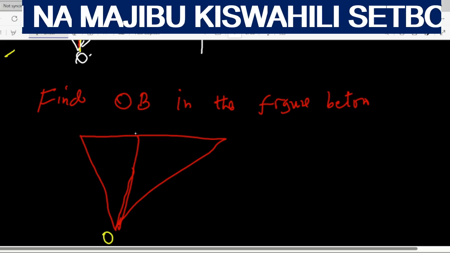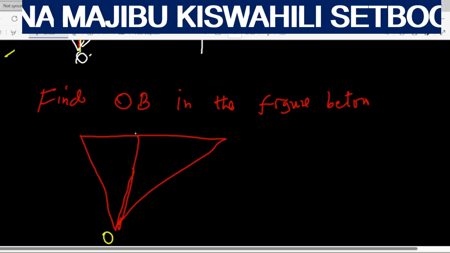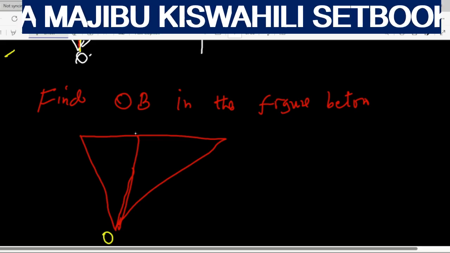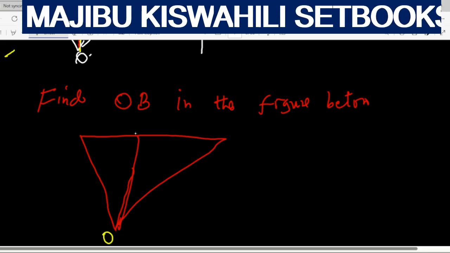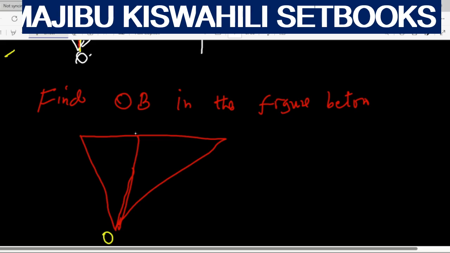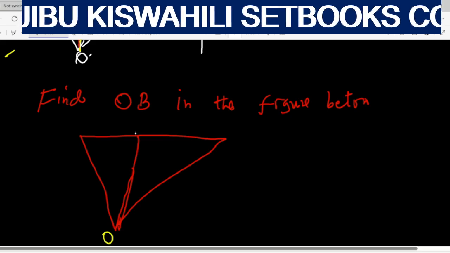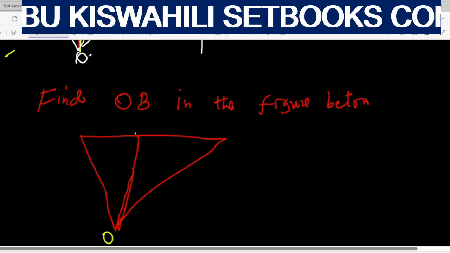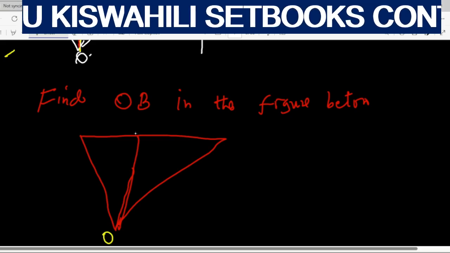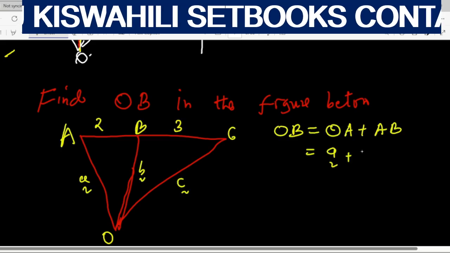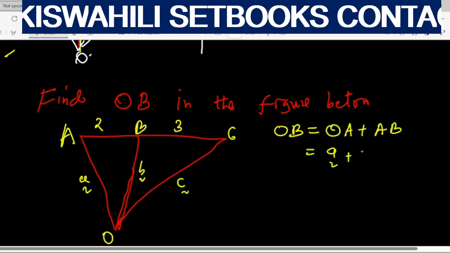So you can get OB using a wrong process where OB is equal to OA plus AB, meaning A plus 2 over 5.